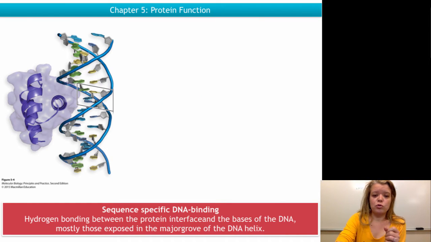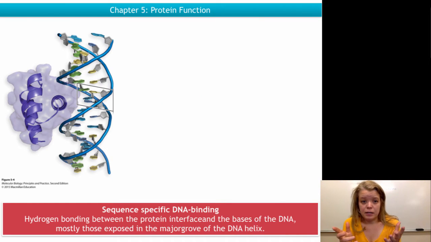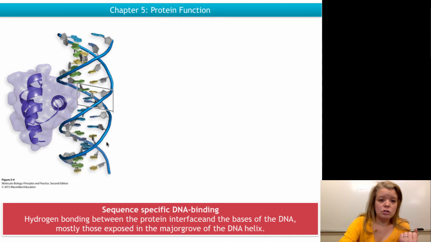Now, how is the sequence-specific DNA binding achieved? So here is a picture of a transcription factor interacting with the DNA molecule, and you can see that the protein is sitting inside the major groove of the DNA. See how this space is a bit wider than this space. This is the minor groove of the DNA helix.